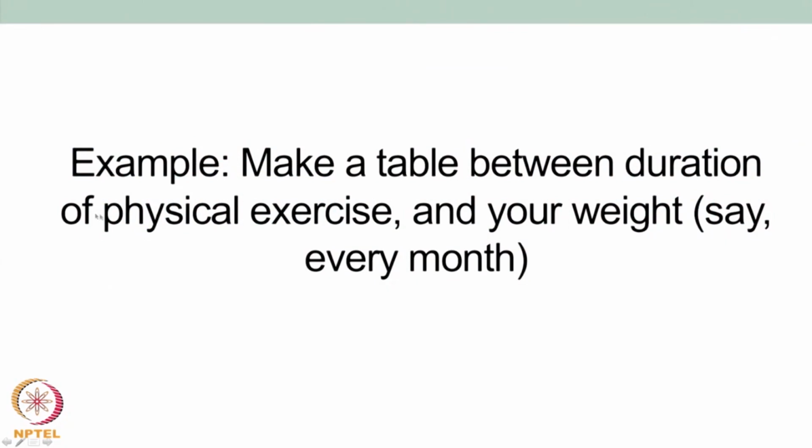We can make a table based on the things we see. For example, make a table between the duration of physical exercise and your weight, say every month. Every month we can look at how long we do our physical exercise, and we can also measure the average weight every month, and we can make a table of these things.